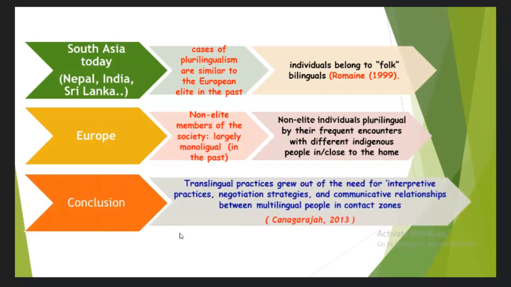So in conclusion, it is equally accepted that translingual practices play a role for these iterative practices, or that people want to negotiate meanings in their conversation, or it is a way to connect many groups of people speaking different languages in a speech community, right?